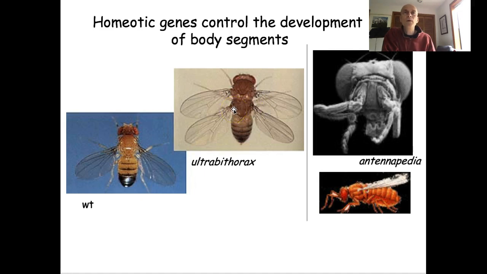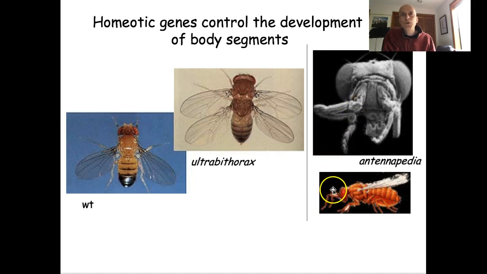A homeotic gene controls segments, and in a segmented animal, such as arthropods and flies, that can lead to the duplication of entire portions of the body. It can also lead to the placement of parts of the body in the wrong place. This is a particular kind of mutation, where a body part is put in the wrong place.